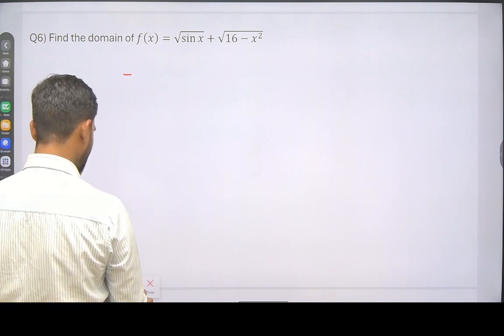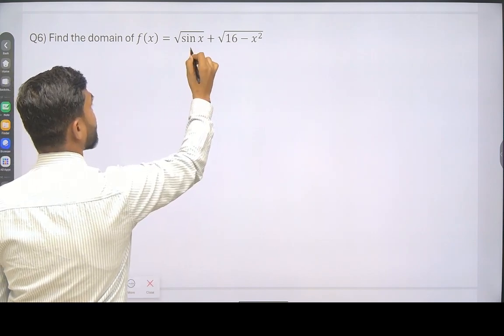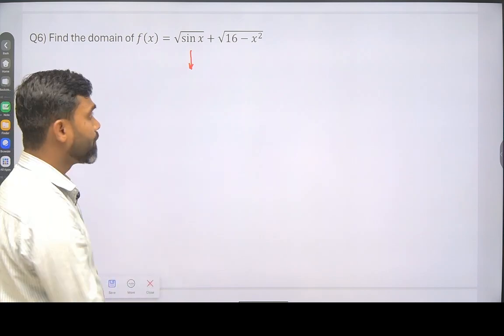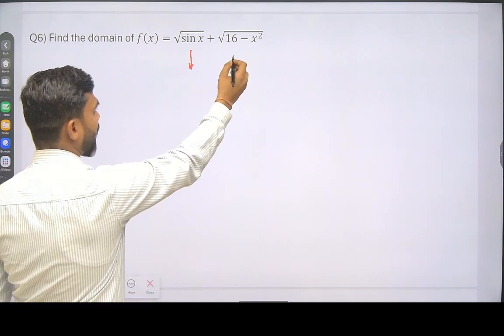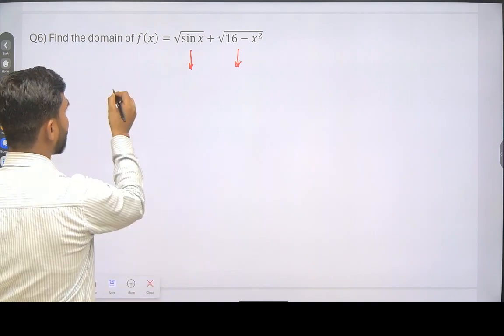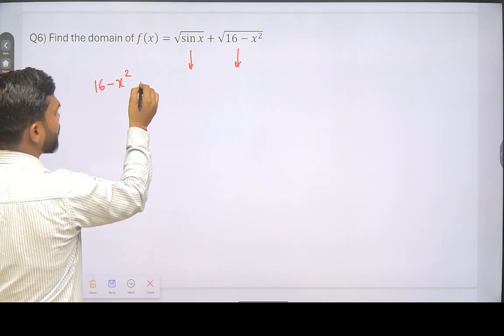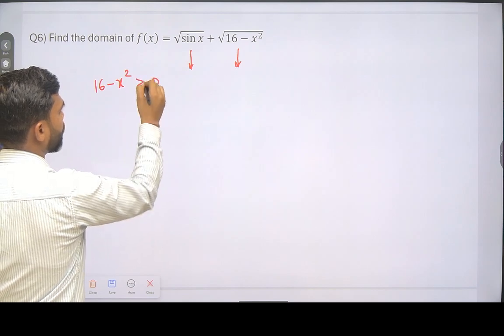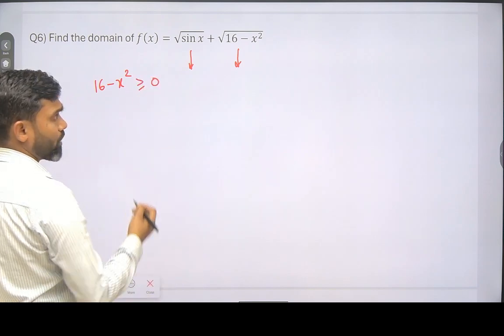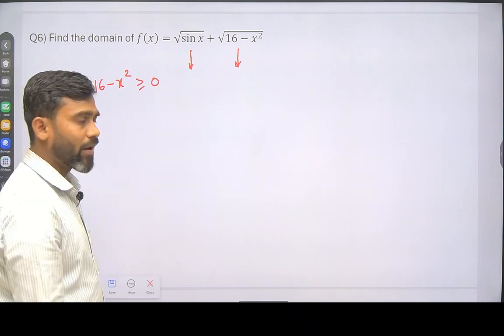So what we have to do? We have to just find out the domain separately, right? So let us try to find out the domain of the second function first, right? So we have got 16 minus x square here. So 16 minus x square should be greater than or equal to 0, right? Because it is there in the square root, so it should not be negative.